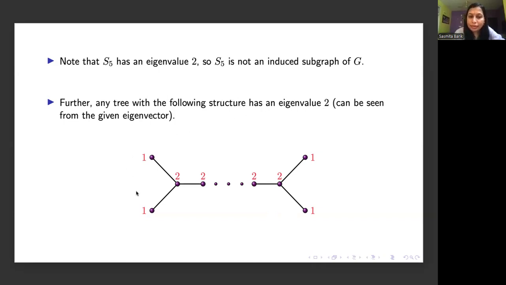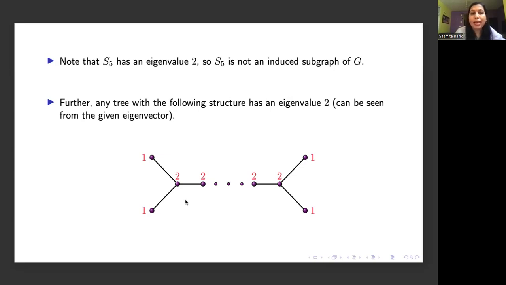So if there is a subgraph of this structure in the graph, meaning you are allowing two vertices of degree 3, then you have a subgraph with spectral radius 2 or more. That cannot happen, because then the spectral radius of G will be greater than or equal to 2. So two vertices of degree 3 are not allowed.